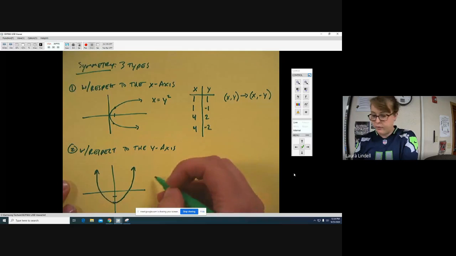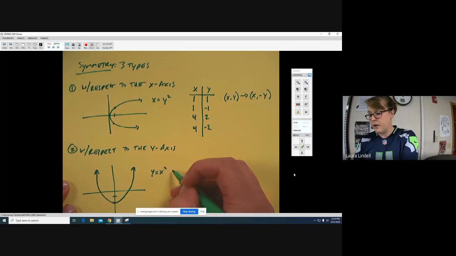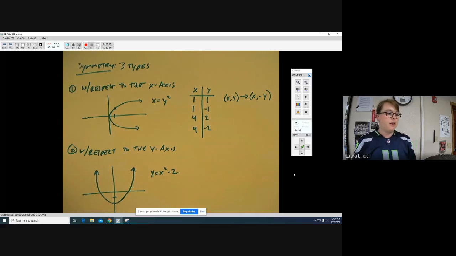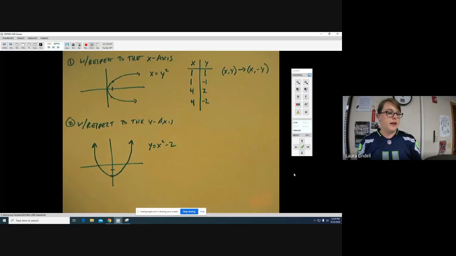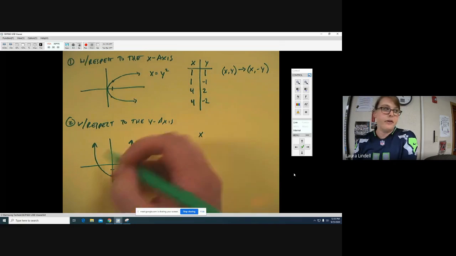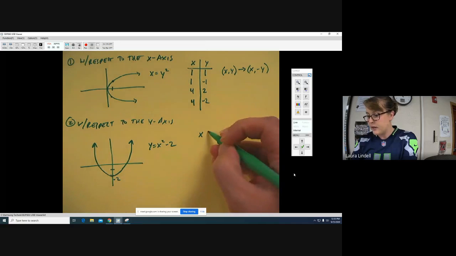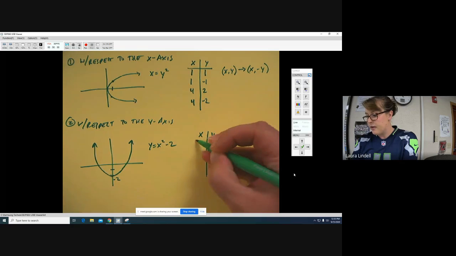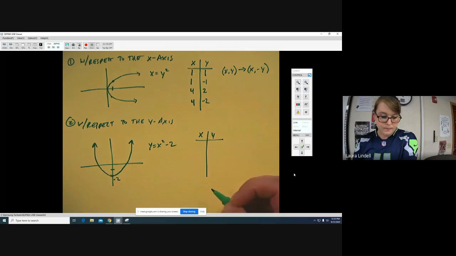So for example, if we had y equals x squared minus 2, parabolic functions, if they're not shifted left or right, typically have y-axis symmetry. The vertex would be at -2. You can kind of visually inspect, or you can use that same idea with the t-chart from before.